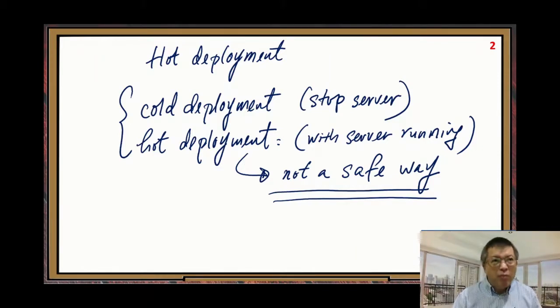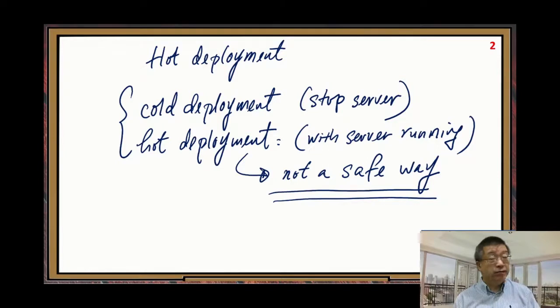So that's probably why newer Tomcat versions disable this hot deployment. Many companies still use Tomcat as their production server. If they have this feature, then those companies may do hot deployment, and then they may experience some really bad outcome. So because of this possible problem, hot deployment could be disabled.